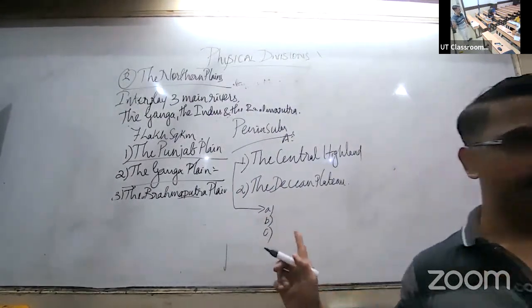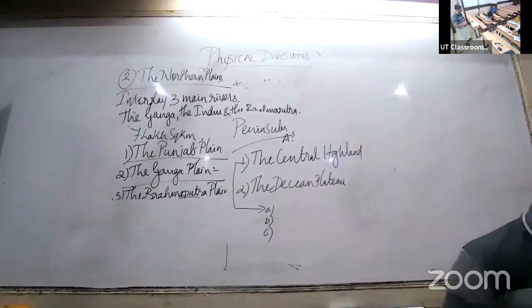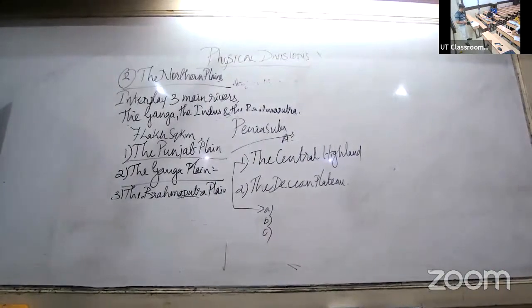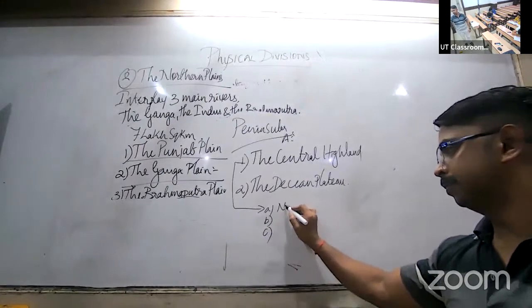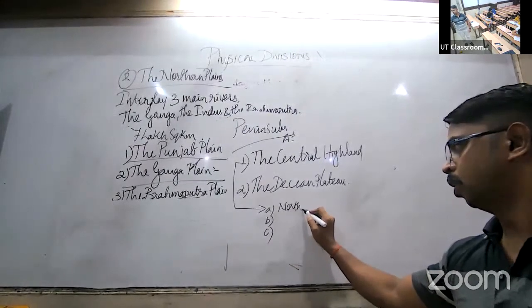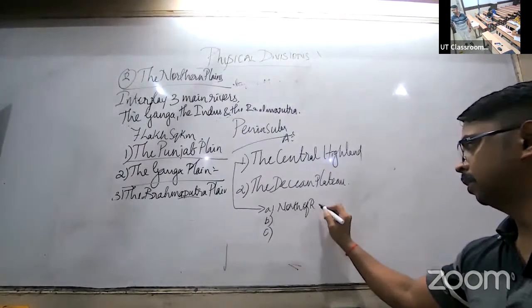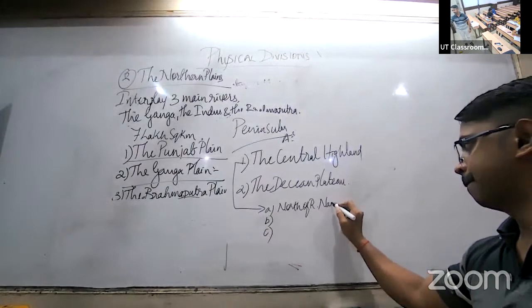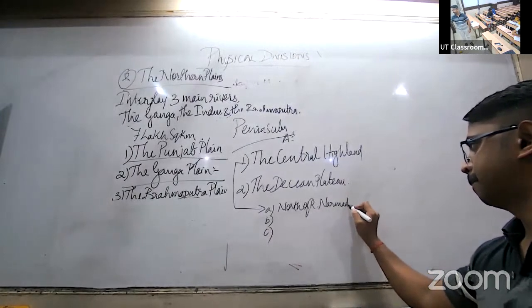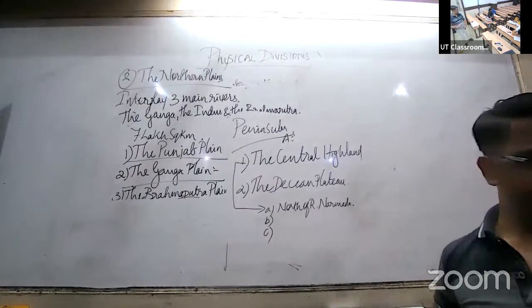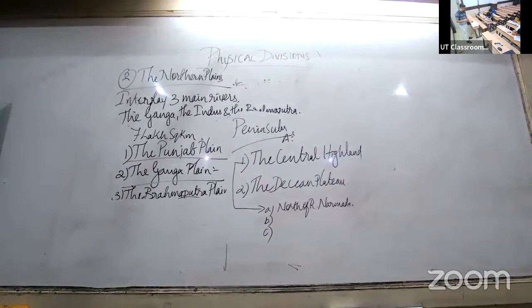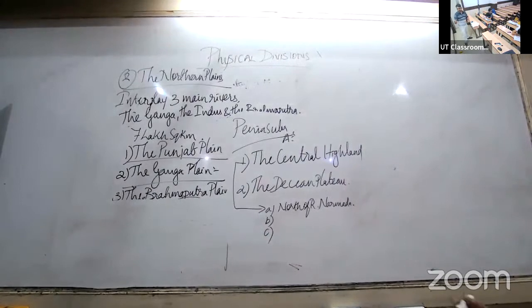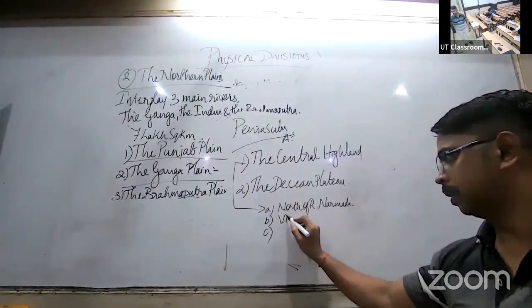It lies to the north of the River Narmada. It is bounded by the Vindhyan range.